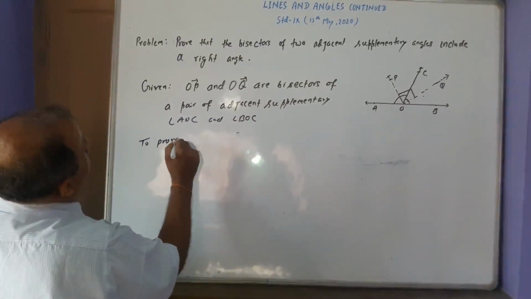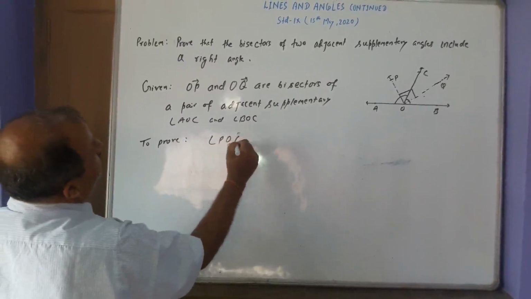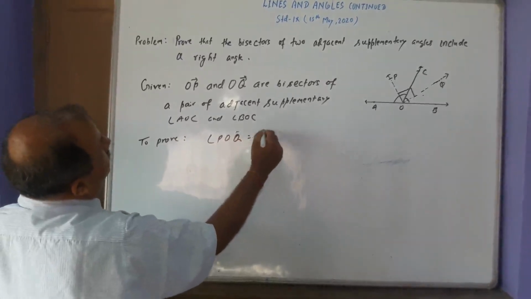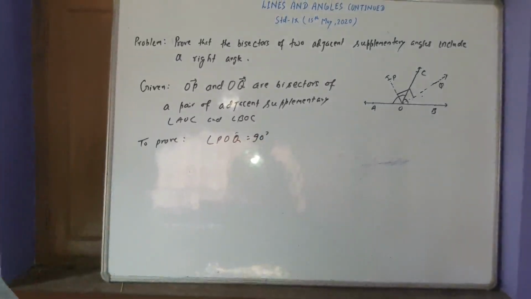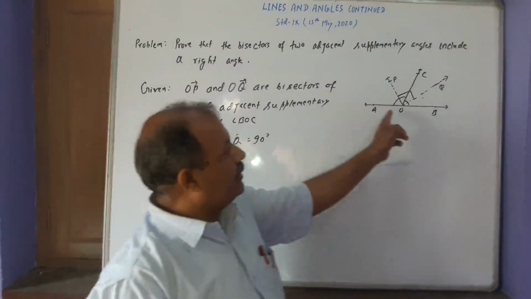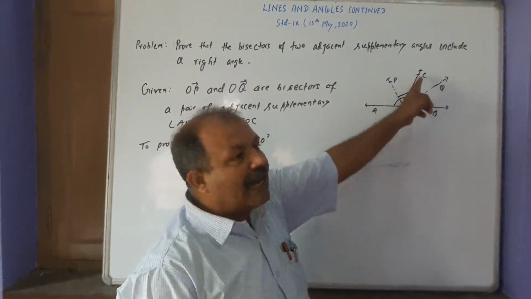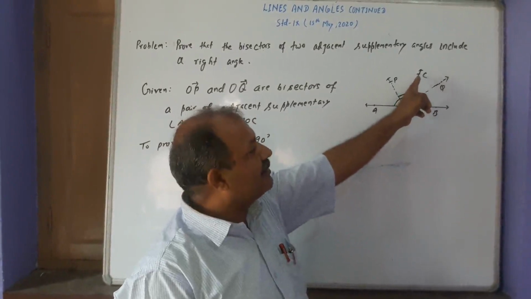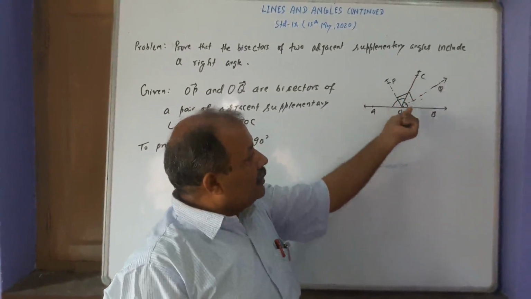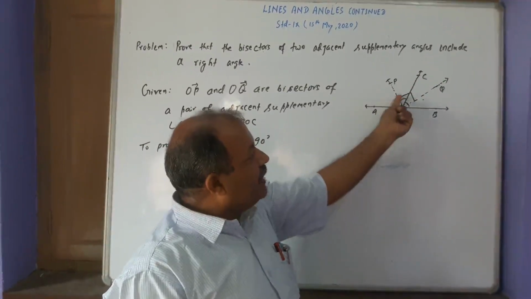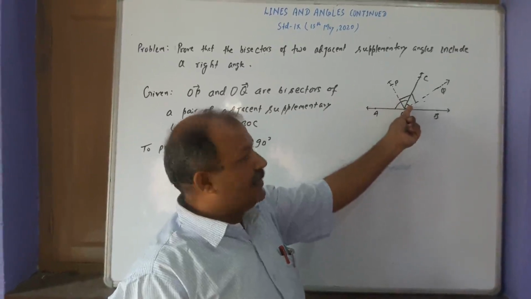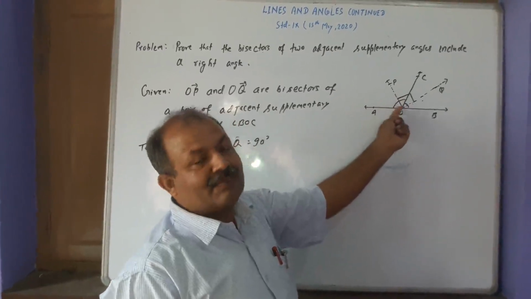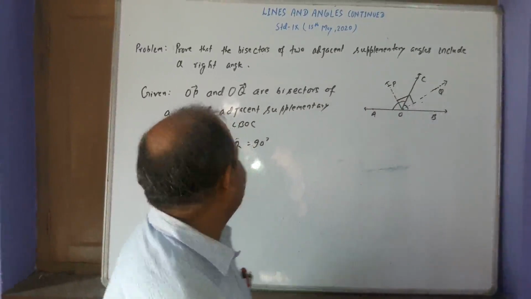To prove: angle POQ is equal to 90 degrees. Here angle AOC and angle BOC are adjacent angles. Also they are adjacent supplementary angles. If they are adjacent supplementary angles, it means their sum is 180 degrees.